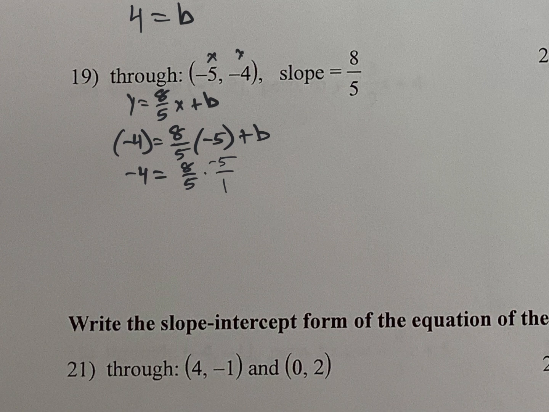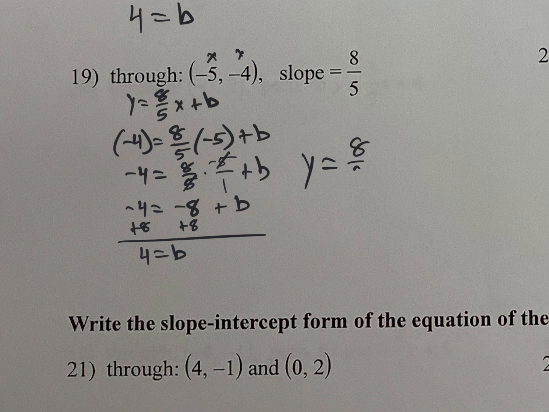You can reduce diagonally in multiplication only. So the 5s reduce to 1s. So you have negative 4 equals negative 8 plus b. Then we add 8 to the left, and 4 is equal to b. So y equals 8/5 x plus 4.